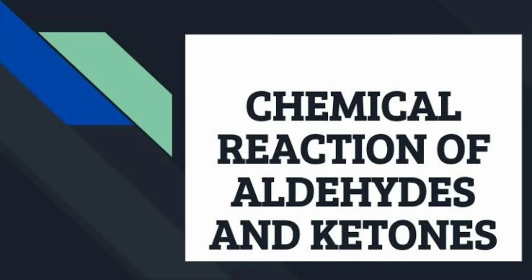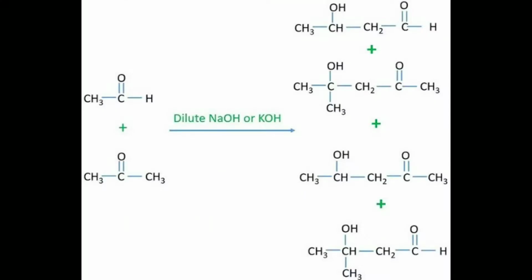aldol condensation reaction. The aldehydes containing at least one alpha hydrogen atom undergo a reaction in presence of dilute alkali, which are dilute NaOH, KOH or Na2CO3 as a catalyst, to form beta hydroxyaldehydes, which are known as aldol.